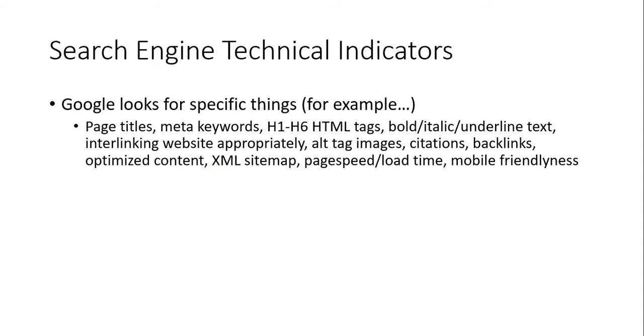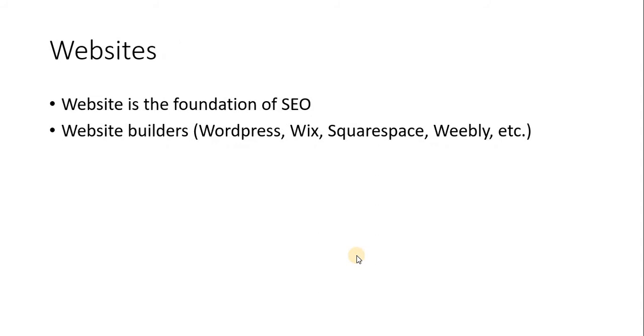So that's a big thing about the mobile experience, or the user experience. That's super important, but it's also a ranking factor. Your website is the foundation of SEO, and if you have a really crummy website that just looks really bad, then the people who land on it, even if you get ranked well, are going to be like, whoa, this looks bad. It's going to look like it was thrown together overnight, and they're probably not going to call you.